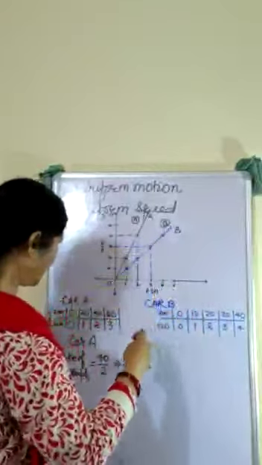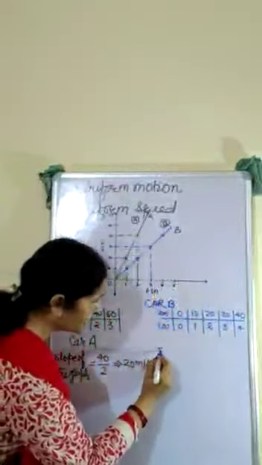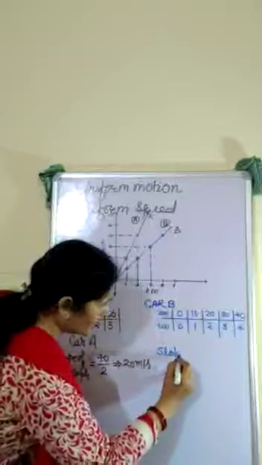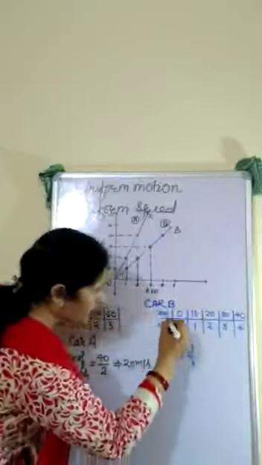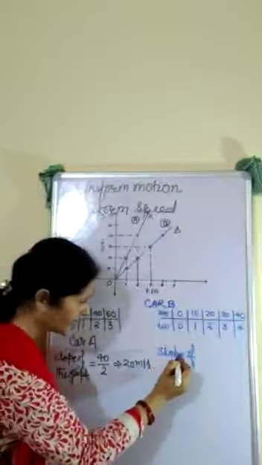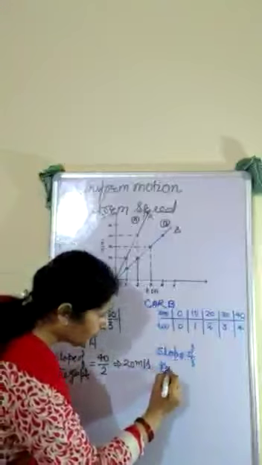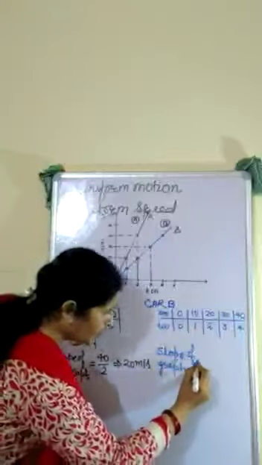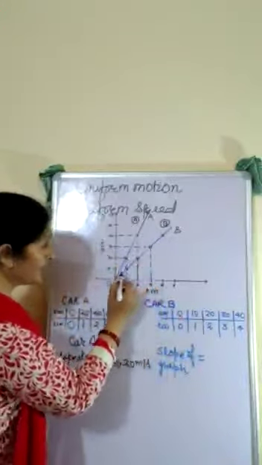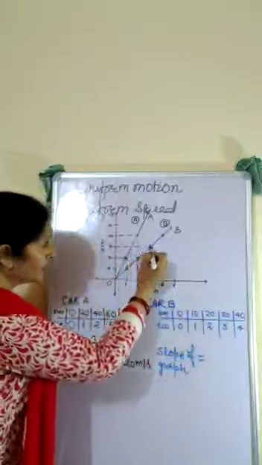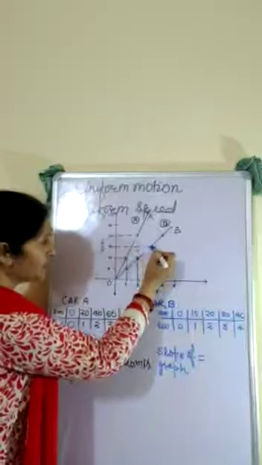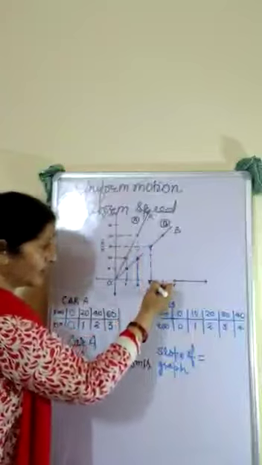Then the slope of the graph for car B will be equal to, again for this triangle, suppose B or C or D or A, anything.